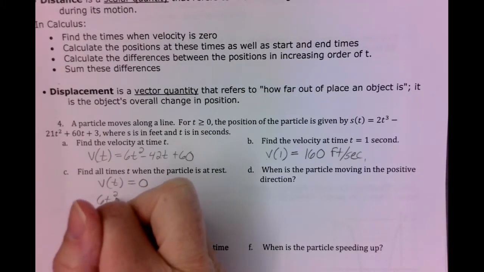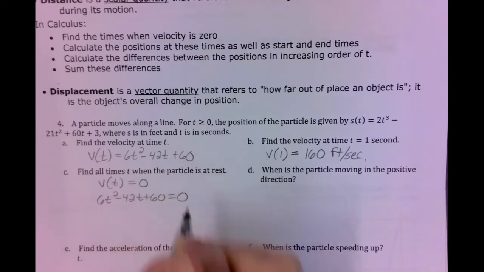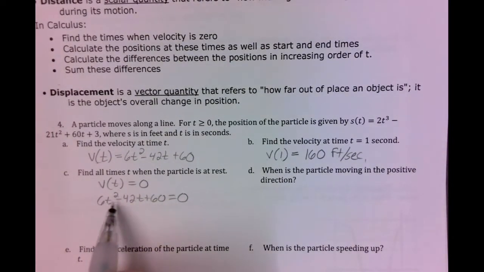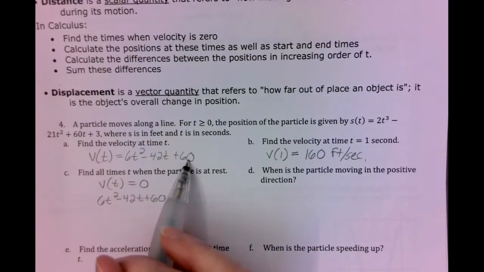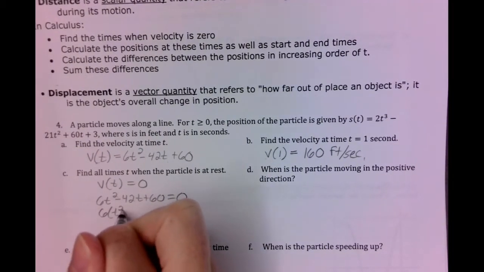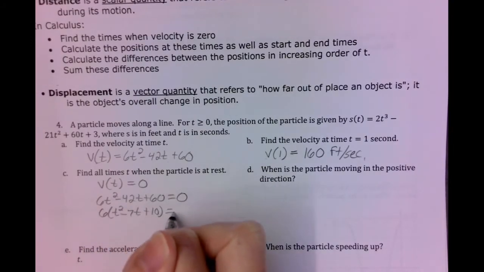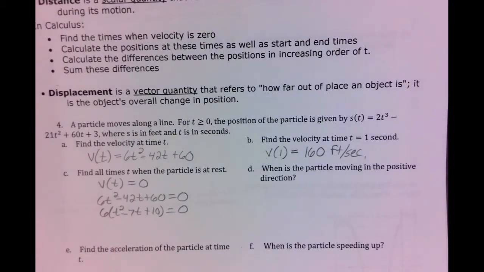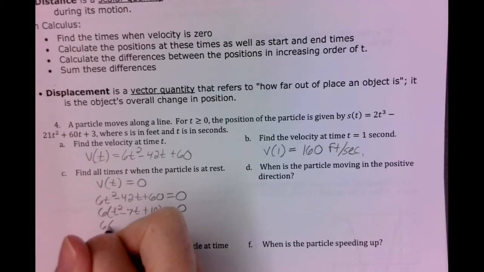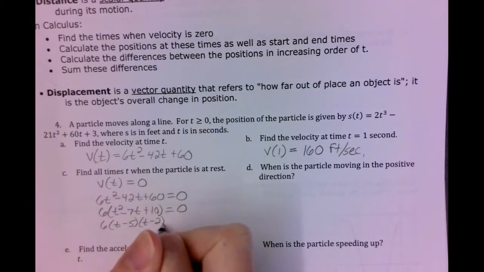Or you could, as a first step, notice that all of these are divisible by 6 and pull out the 6 as your first line of work. The only thing left is to factor this down further. And we can get our 2 times when the velocity is 0.